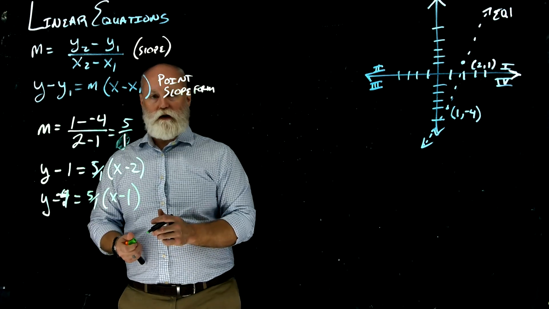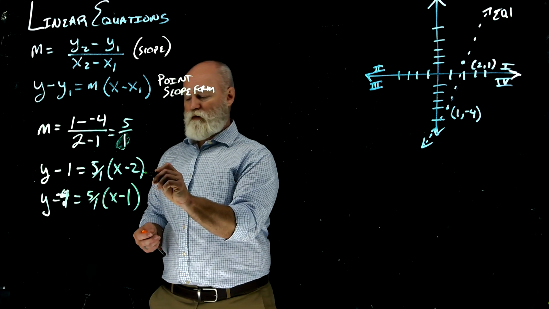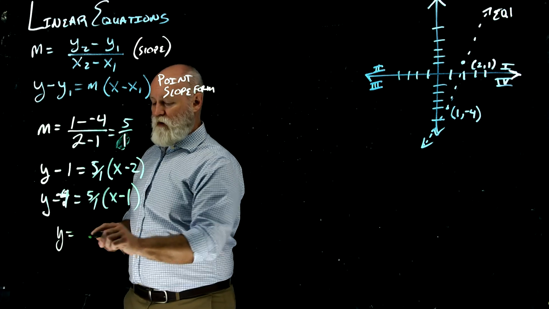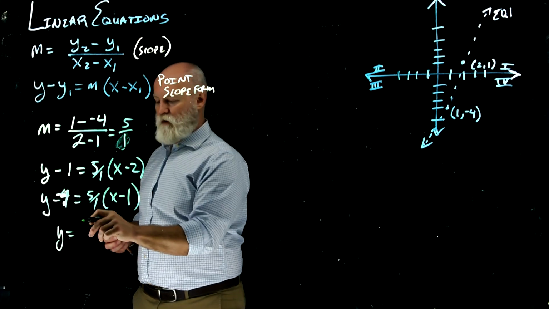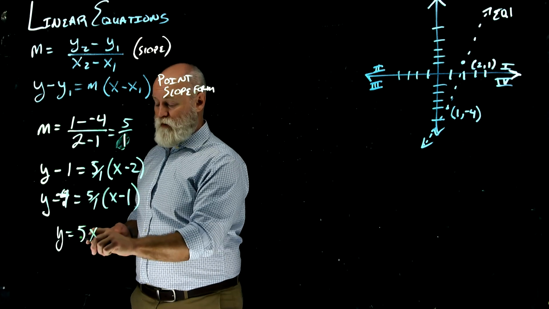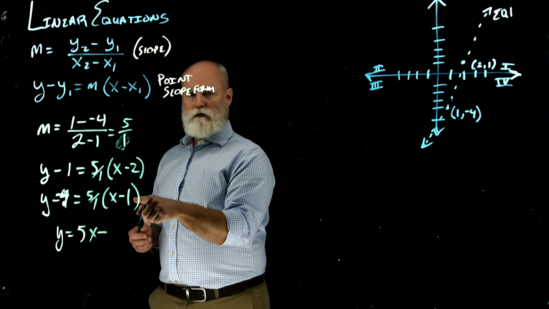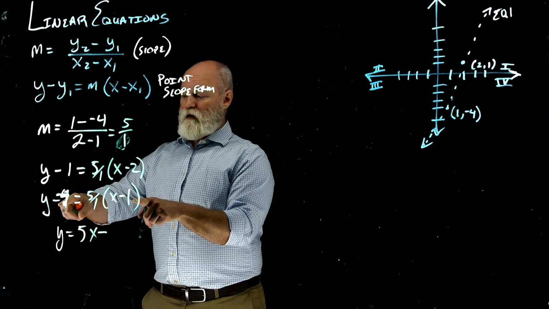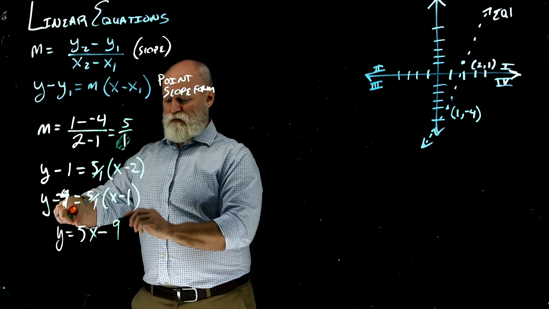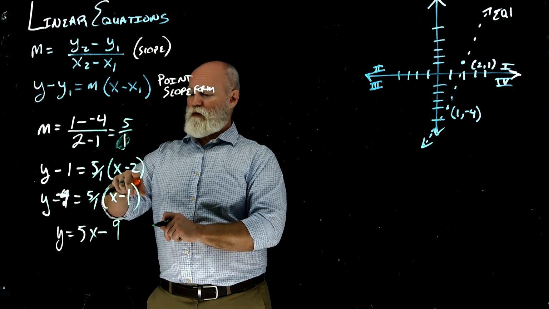Both of those are going to give you exactly the same thing if you simplify them. Distribute the 5 through, you get 5x minus 5 times 2, which is 10, and then you add 1 to both sides and get negative 9. In the other one, it's the same thing.